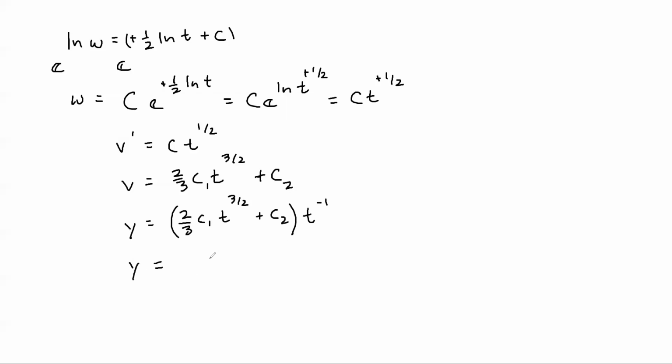And so if you multiply that through, we're going to get 2/3 c1 t to the 1/2 plus c2 t to the -1. Okay, and so that's the form of our solution.